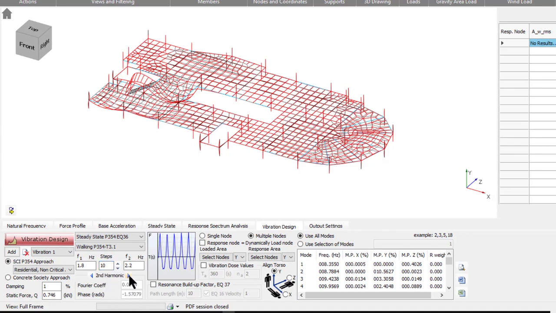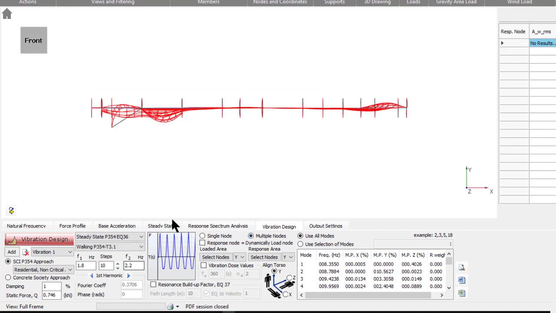And we'll see here that we're getting our different harmonics on our base values. So for all these frequencies, we're going to look at everything. We're now going to say that we're going for multiple nodes. Put this in the front view, and I'm now going to say the response is equal to the loaded one.